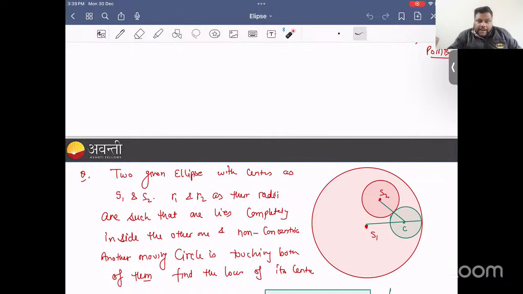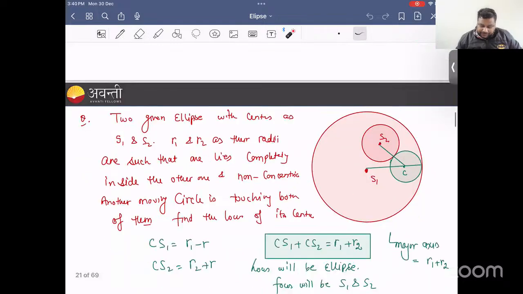Got it? And another moving circle, or I should say variable circle, is touching both of them. Find the locus of its center.